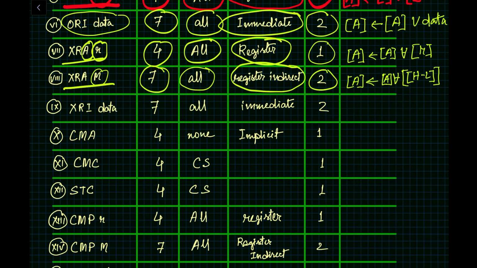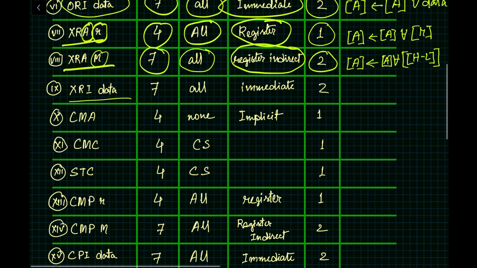Now let us go to our 9th instruction. It has XRI data. Here we have to understand that data is given in the instruction. I represents that it is the immediate addressing mode, and we have to do the XOR operation between the given data and the content of the accumulator. So whatever be the given data in the instruction, that will be exclusive ORed with the content of the accumulator.